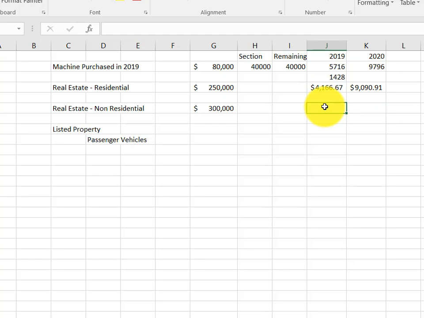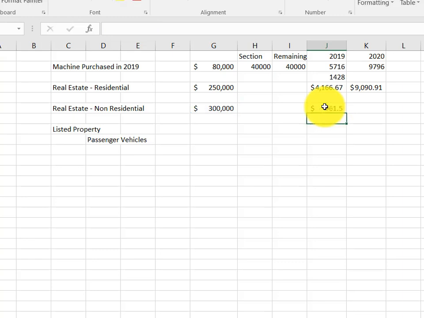Same thing happens with non-residential real estate, except we divide by 39 years for commercial. This is office buildings, that sort of thing. Again, you divide by the 12, or you can use the table, and then it depends on when you buy it. Let's say we bought this, in this instance, in November. That would be half of a month. We'd treat it as November 15th. That'd be half a month in November and 1 month in December.